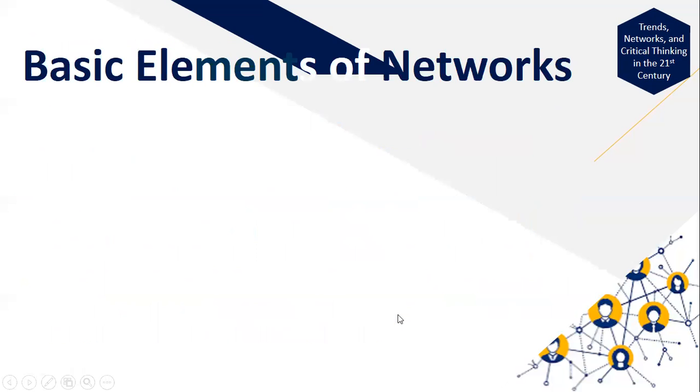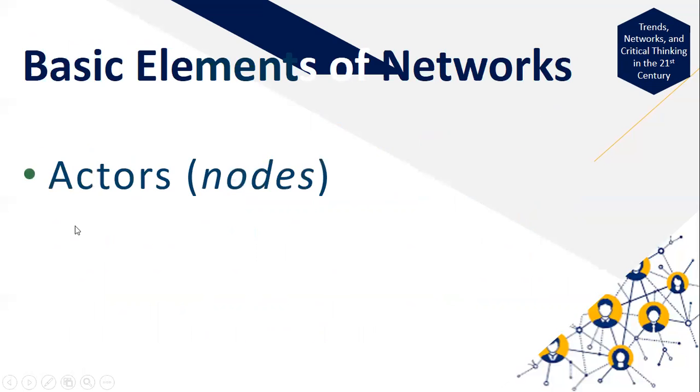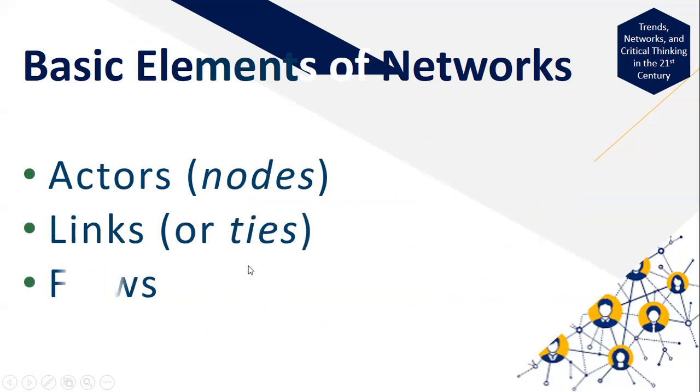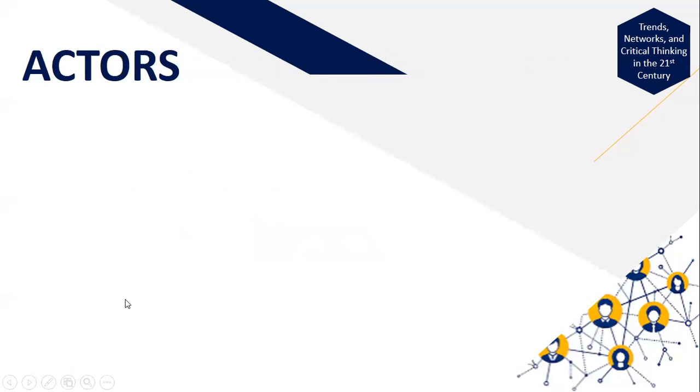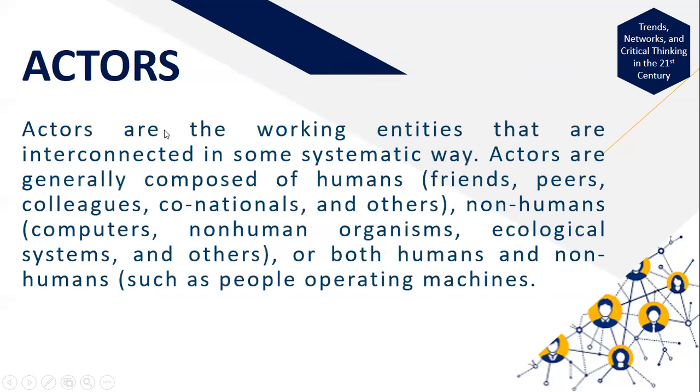Okay? So next, so what are the basic elements of networks? Meron tayong tinatawag na actors, links, and flows. Okay, so punta tayo kay actors. So pag sinabi natin actors, these are the working entities that are interconnected in some systematic way. And generally speaking, they are composed of humans.